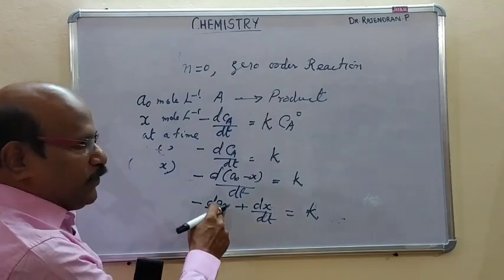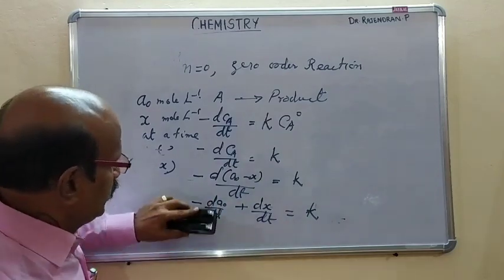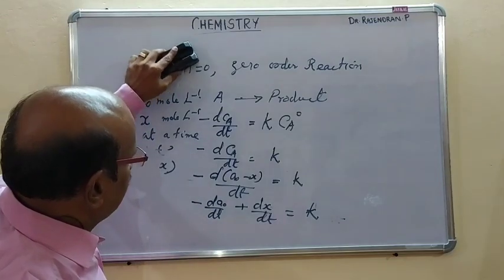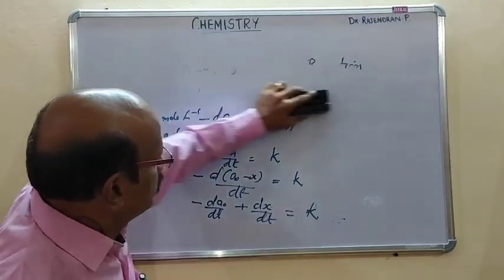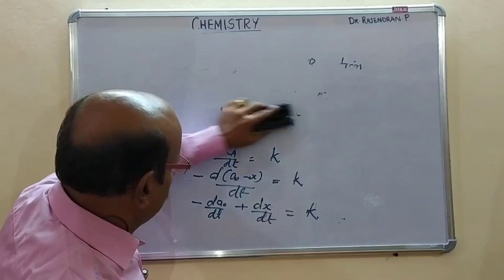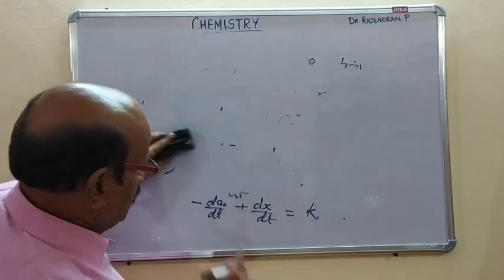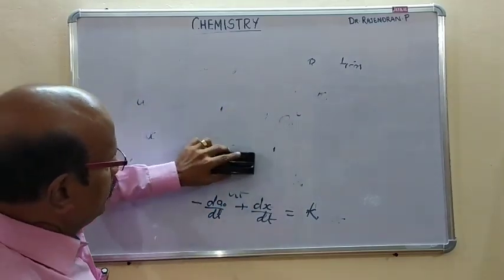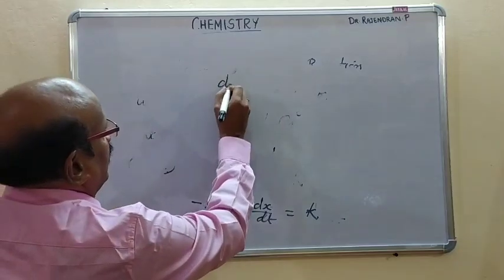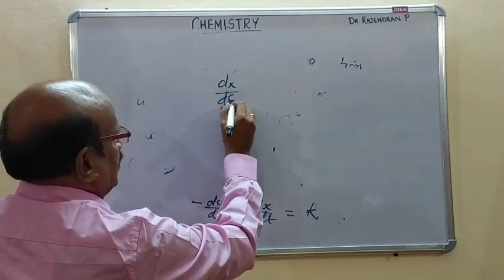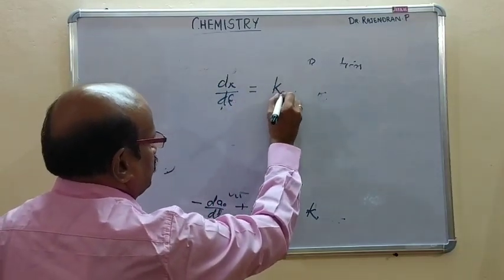Now the differential of a constant is always 0, as you know in mathematics. So this part becomes 0, and our expression becomes dx by dt is equal to k.